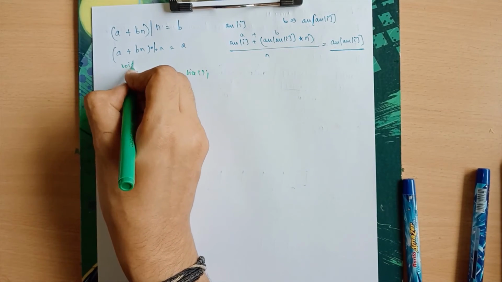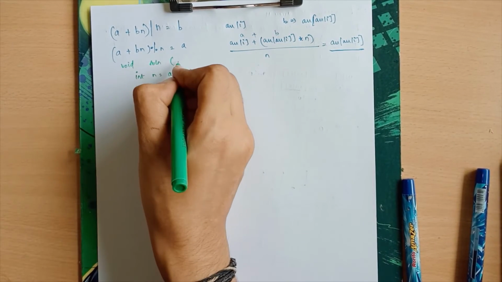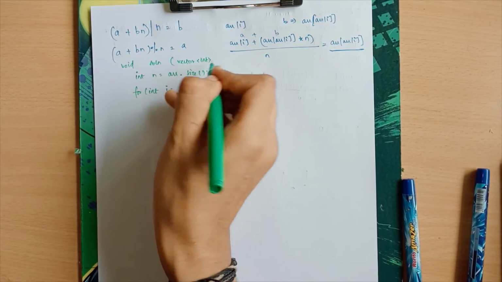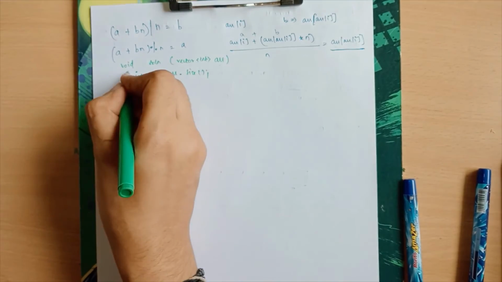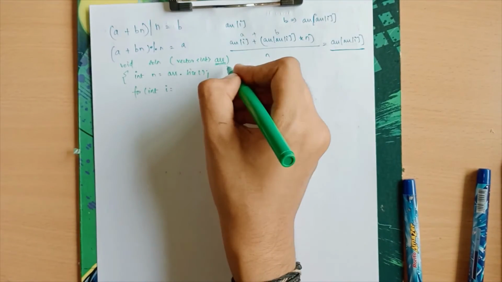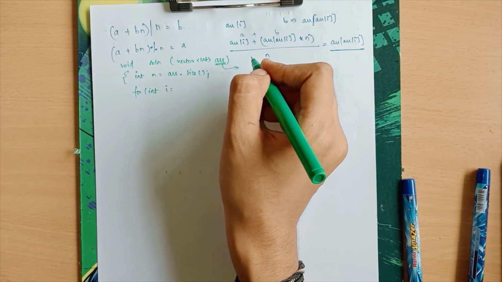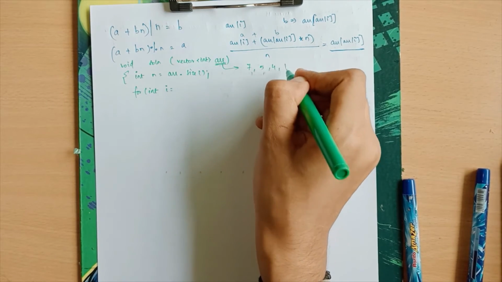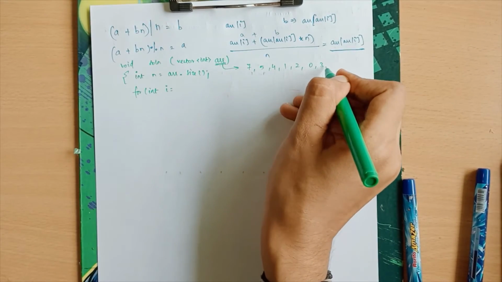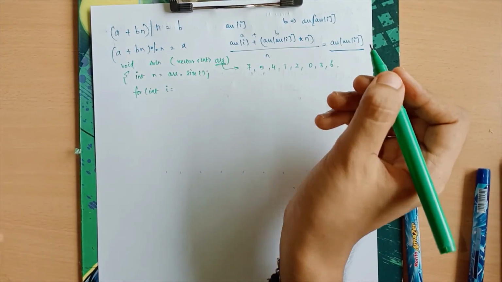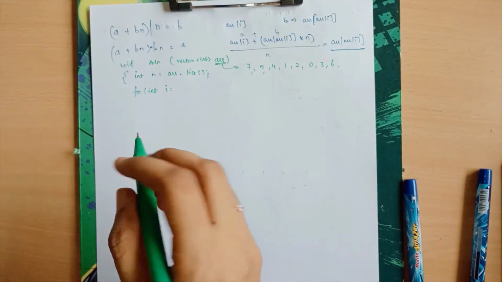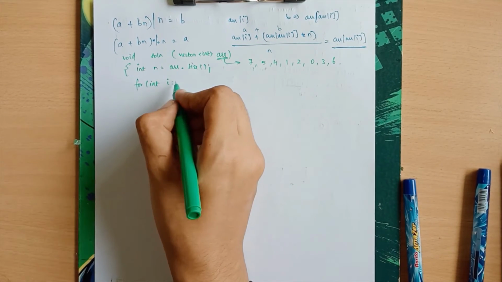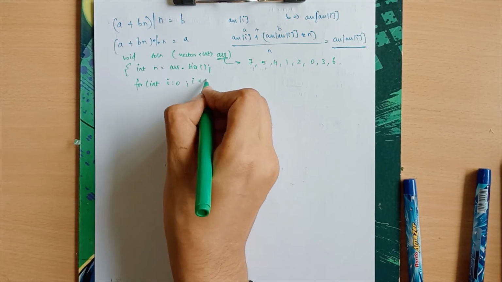I'm writing a function, void solution of vector of int arr, where this array is my original array that we had seen earlier, which is nothing but 7 5 4 1 2 0 3 6. For this we'll have int n is equal to array.size, and for int I is equal to 0, I is less than n, I plus plus.